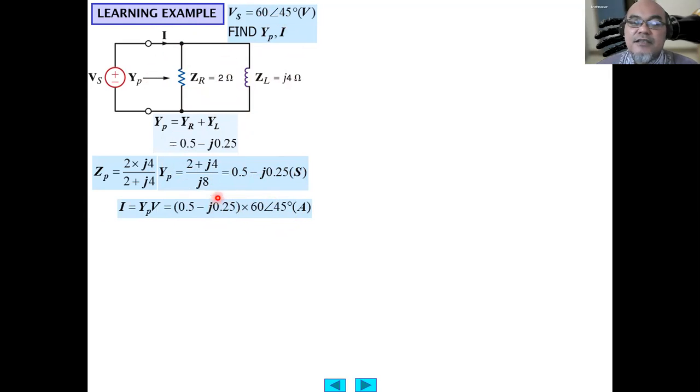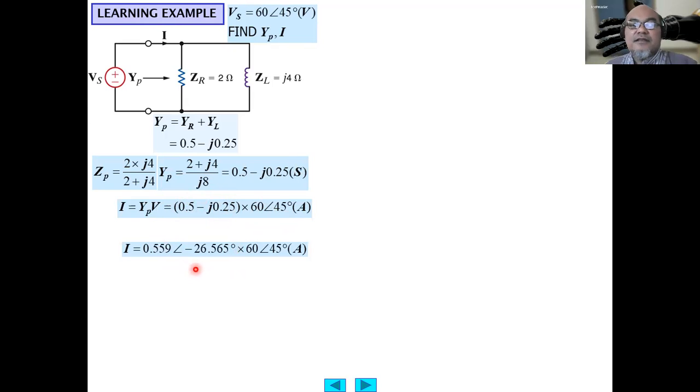So we have to change this into phasor format. Find the magnitude by this square plus this square, then the square root, and the angle of this admittance by arctangent of minus 0.25 divided by 0.5.